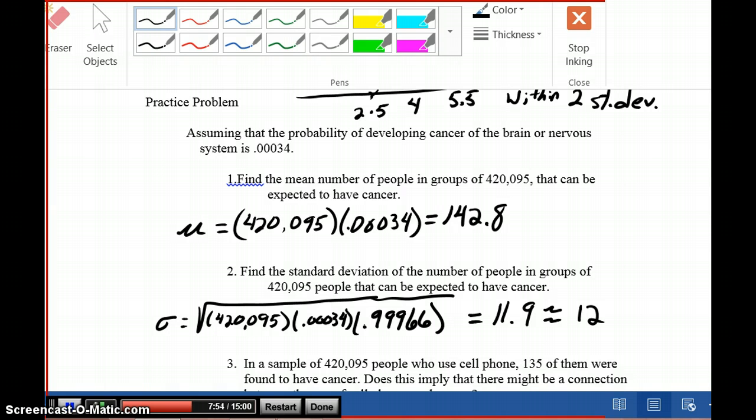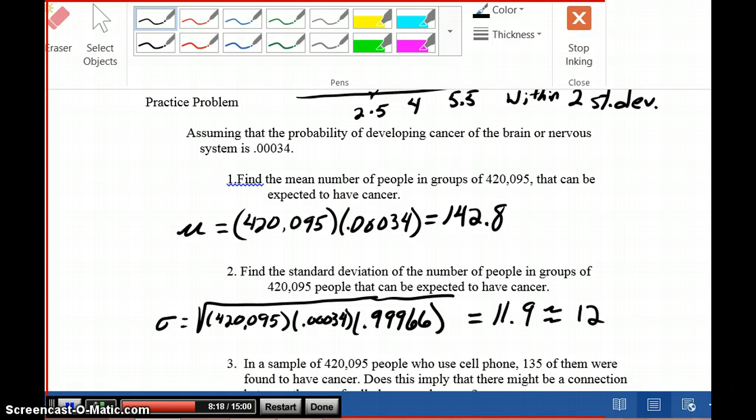So I'm simply going to take the mean, which is n times p, the total number in my group times its probability, and I end up with 142.8. So out of that 420,095, I'm expecting to find that 142.8 people have cancer of the brain or nervous system.